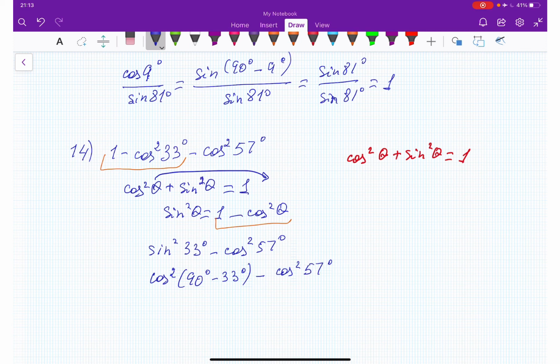So 90 degrees minus 33 degrees is cosine squared 57 degrees, minus cosine squared 57 degrees, and we are getting 0. That's all.